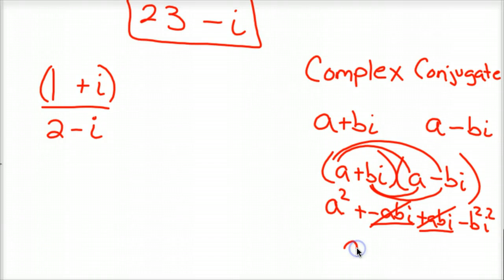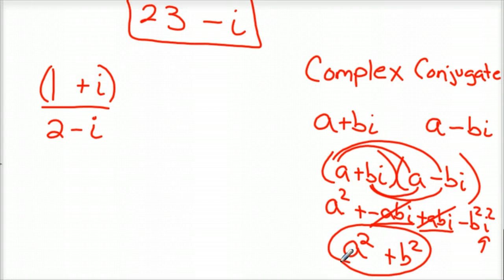So that's gone. And so then you've got a squared. Then i squared is negative 1. So that becomes plus b squared. So a squared plus b squared is your final answer. The imaginary part of the conjugate's gone. And so we've got this nice, doesn't look nice, but this nice real number to deal with instead of imaginary.